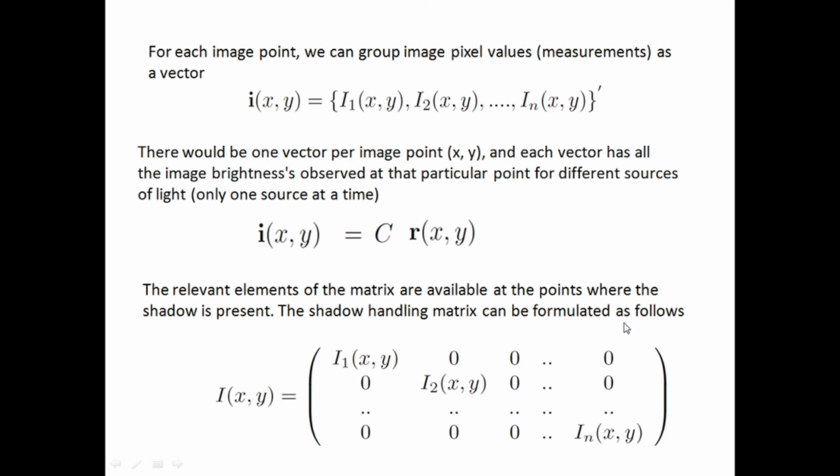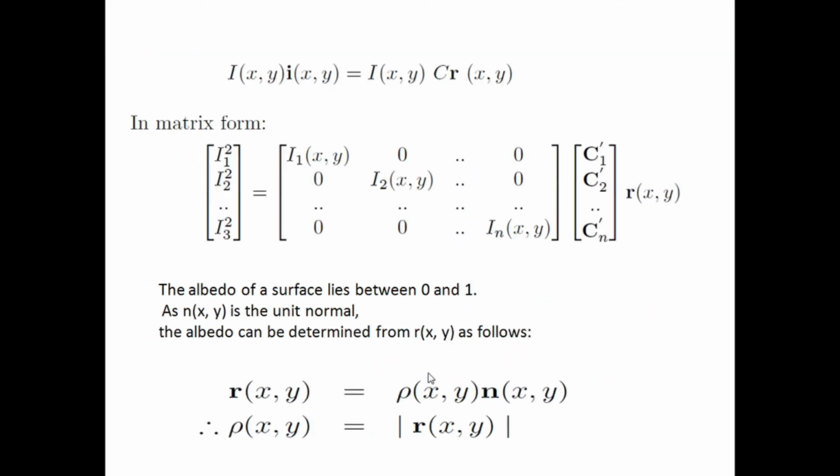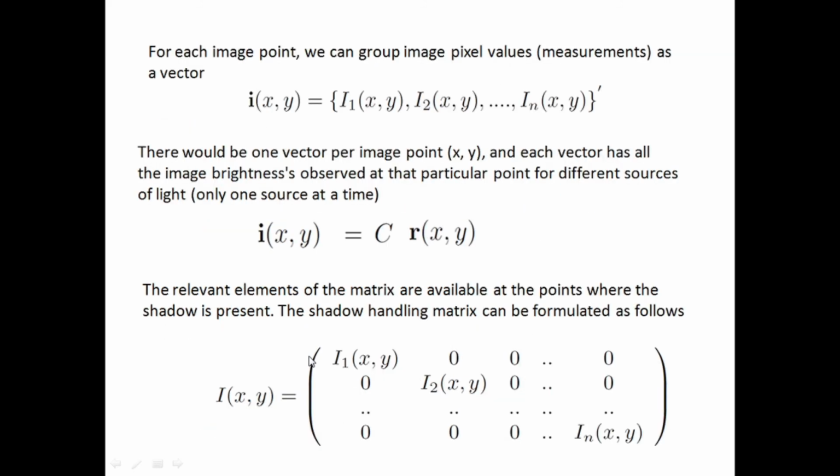If I consider three sources, I have to write I3 of x comma y for that point. So I accumulated all the irradiance values into a matrix form. Because it exhibits a kind of shading, for different lights I may get different shading on the image. So I accumulated all these and got a matrix form I of x comma y like this representation.